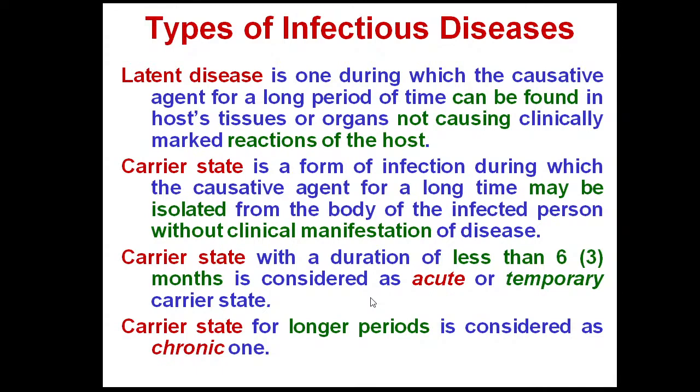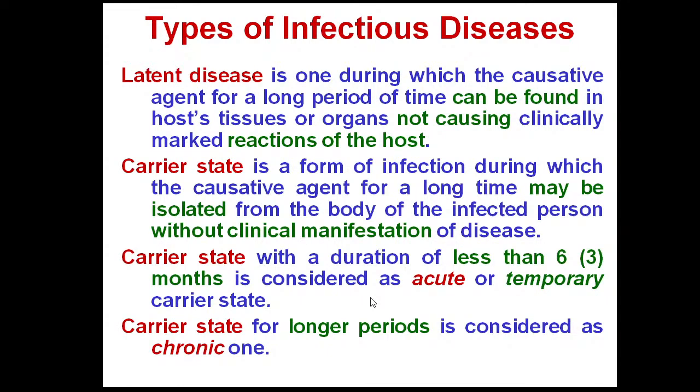And of course, usually the symptoms will not be visible with this type of disease, or quite often latent can be one of the stages of the disease. For example, in syphilis, that is a typical stage in between the secondary and tertiary stages of syphilis.